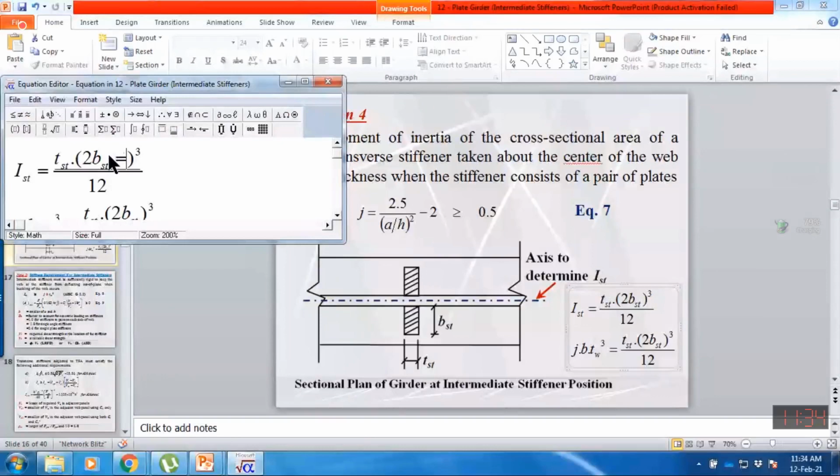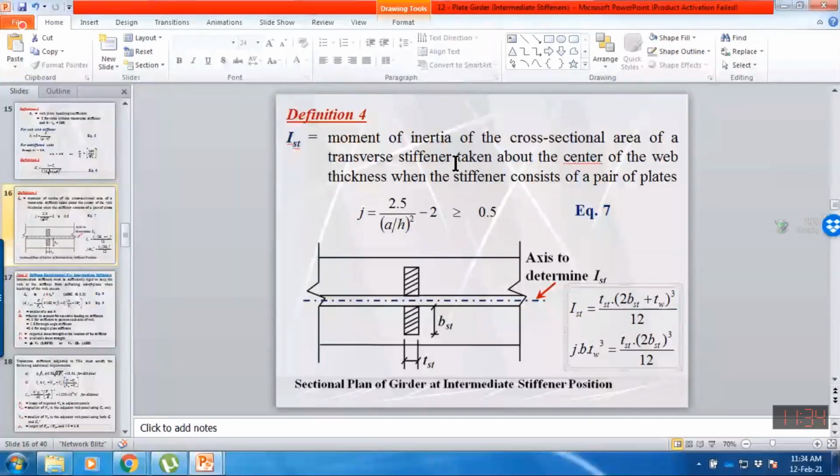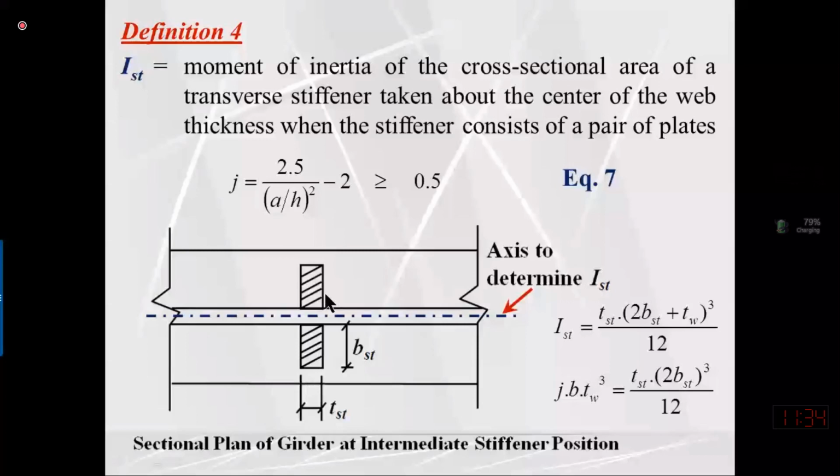So if I am taking the moment of inertia of these two stiffeners, if BST is the width of one stiffener, and TST is the thickness of one stiffener, the total width of two stiffeners will be equal to BST plus thickness of web plus this BST.